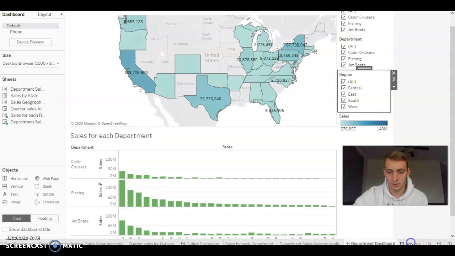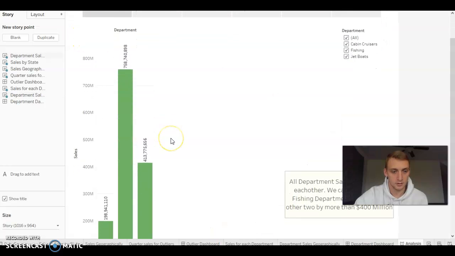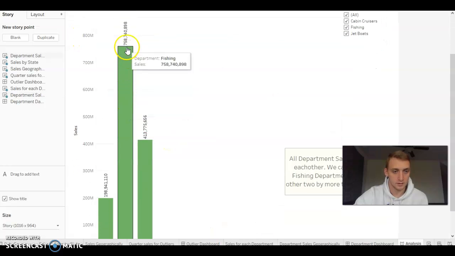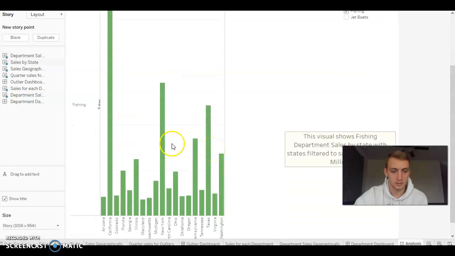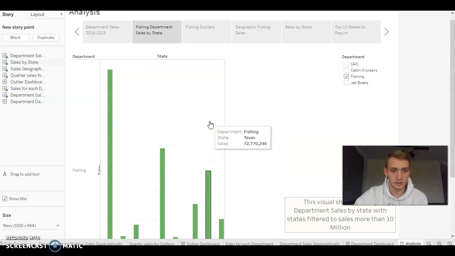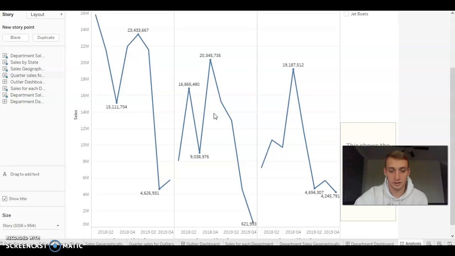And then finally, I put it all together in an analysis. I started with what I began just showing what I wanted to focus on, and it was comparing the departments to each other, and it showed that the fishing department exceeded by more than 400 million. I went to the fishing department to show those 3 outliers to really understand what we're trying to look towards, and then what those outliers are significant.